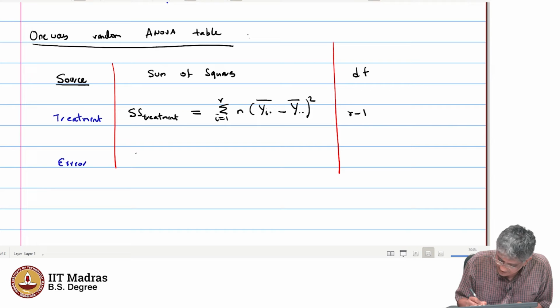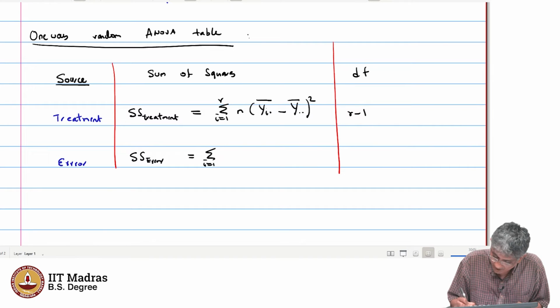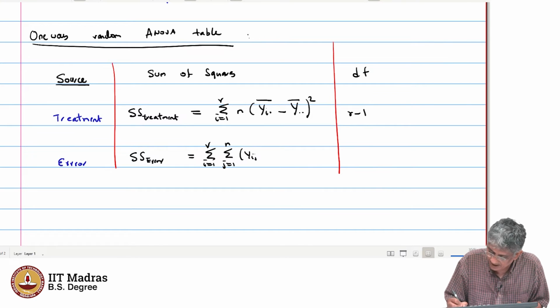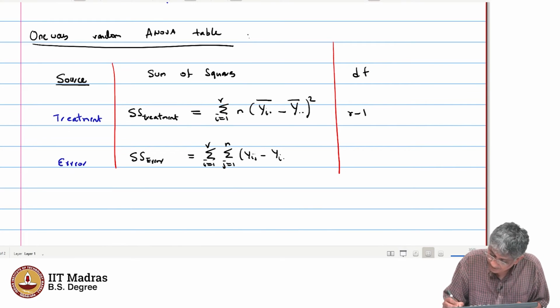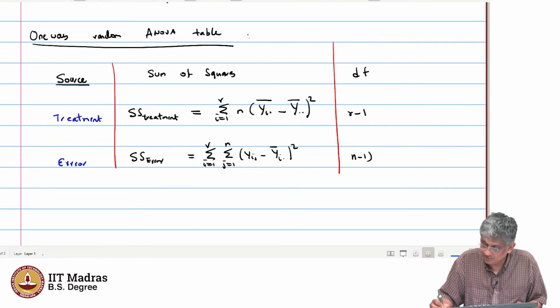Then the error sum of squares will be the same as before: the sum from i equal to 1 to r, sum from j equal to 1 to n of (yij minus yi dot bar) squared. And here the degrees of freedom is (n minus 1) times r.